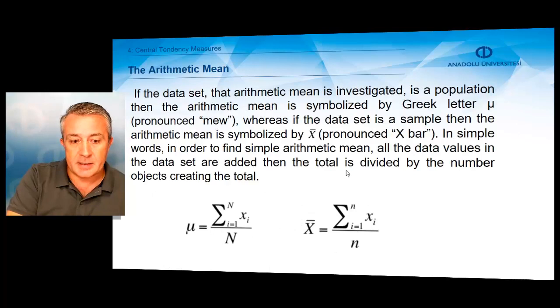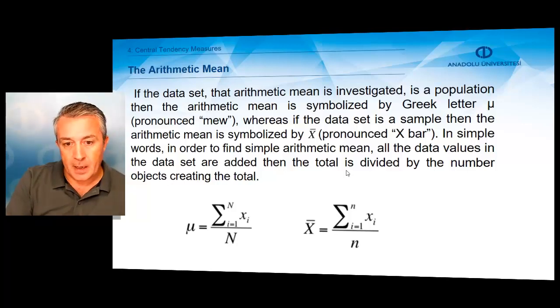There are examples in your book, so I suggest you study those examples. This third one is the most widely used one. Probably whenever you hear the word average, people are talking about the arithmetic mean, and you start learning the arithmetic mean in primary school.